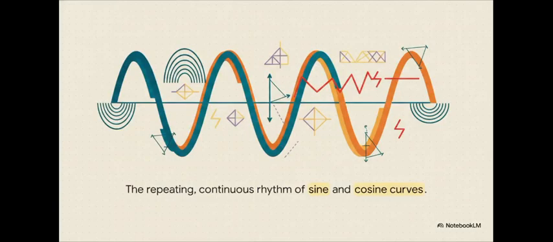And when we look at periodic sine and cosine curves, we see something truly brilliant. If you take that right-angled triangle from trigonometry and sort of stretch its changing angles out over time, you get these visual tools. They perfectly capture the continuous, repeating rhythm of sound waves, light, and alternating currents.